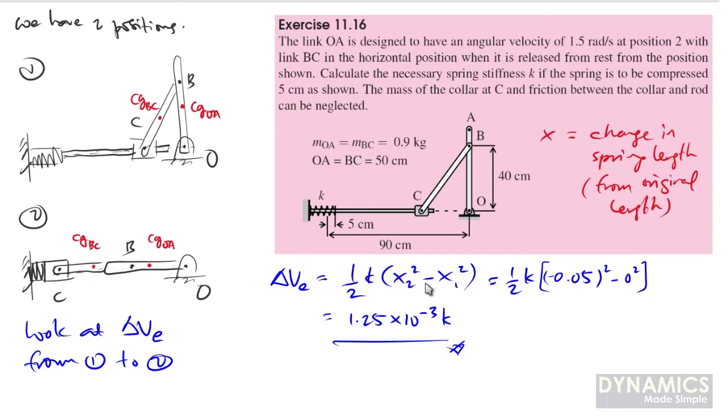As for x1, at this instant in time, the spring is free. Nothing is acting on the spring, so whatever the spring length is here is the original spring length, and it's not given. To be honest, we don't care, because we just want to know the value of x, not the original spring length.